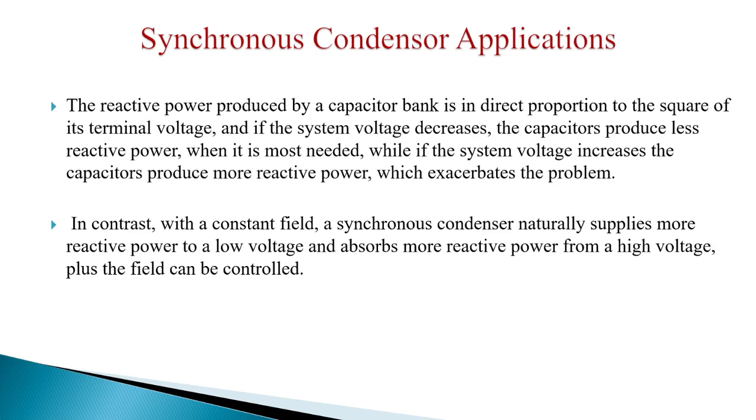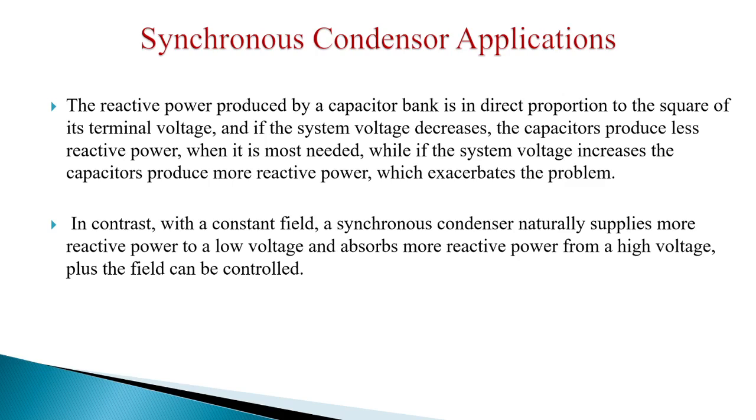The reactive power produced by a capacitor bank is in direct proportion to the square of its terminal voltage. If the system voltage decreases, capacitors will produce less reactive power when it is most needed, while if the system voltage increases, capacitors will produce more reactive power, which exacerbates the problem.